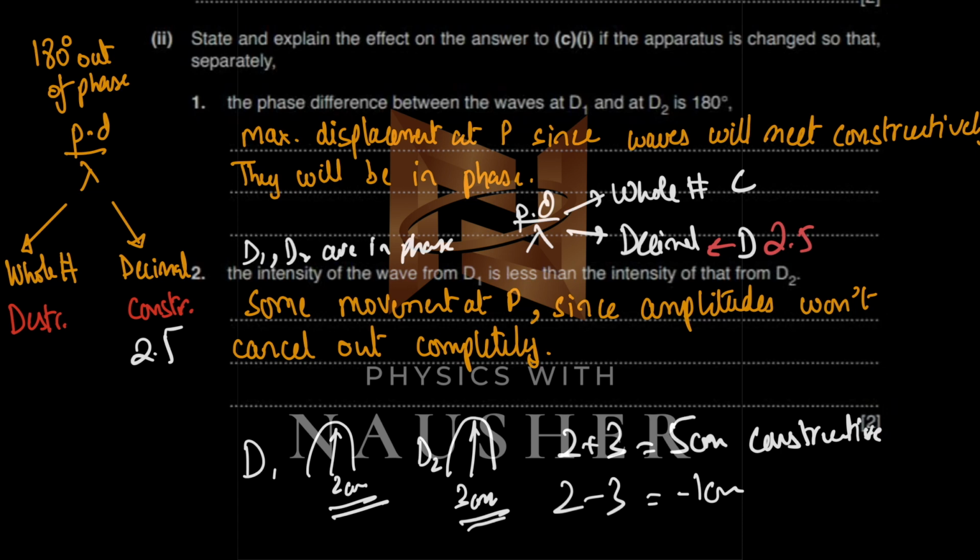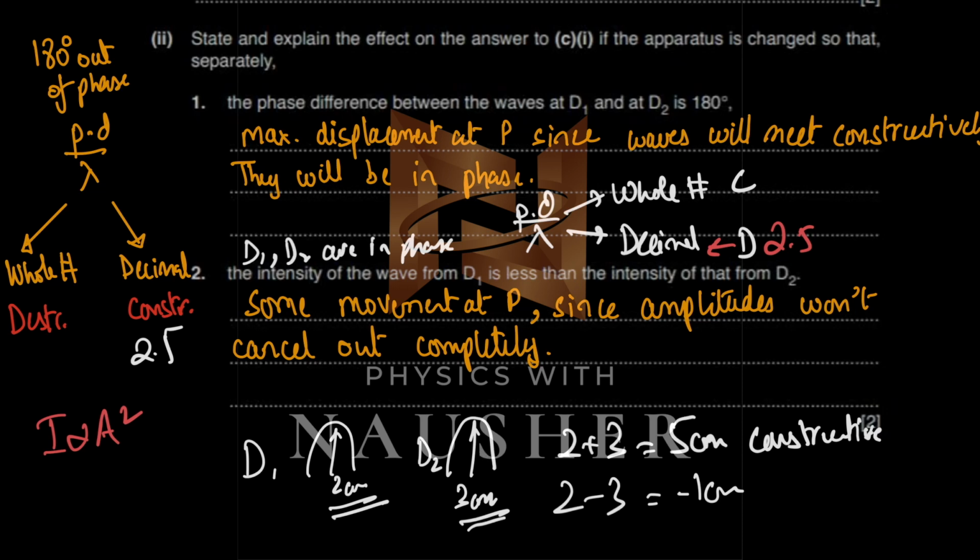And now they're saying if the two sources have different intensities, you know, intensity is proportional to amplitude square. So that means that the intensity of D1 would be different from D2, meaning that amplitudes will be different. Now tell me something.